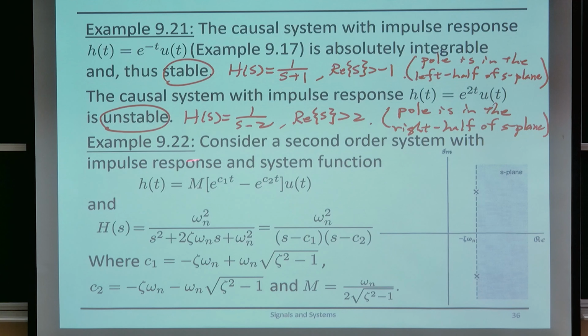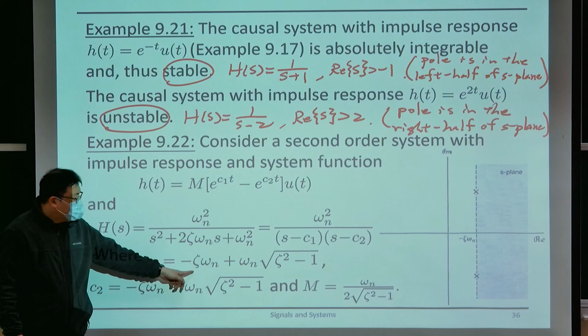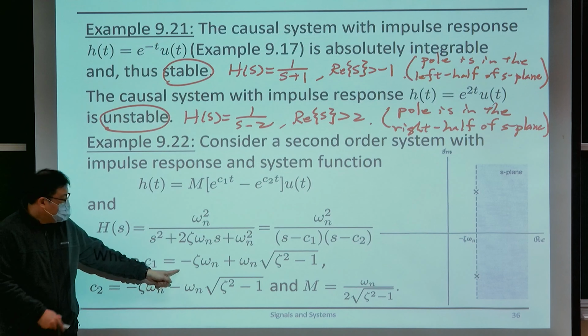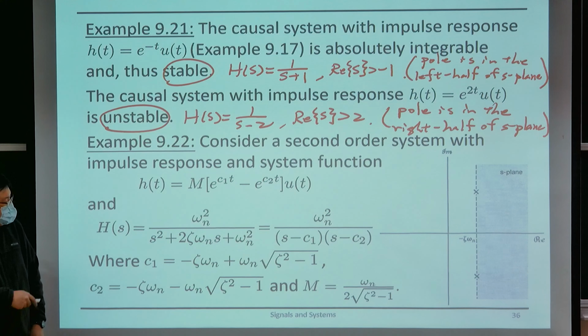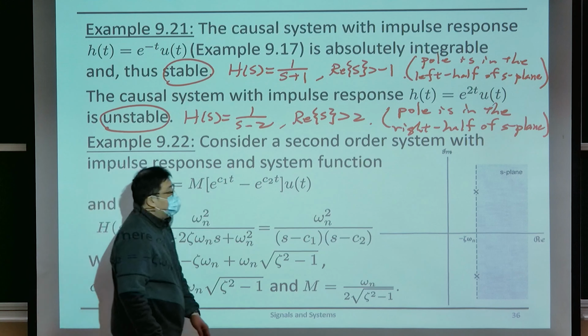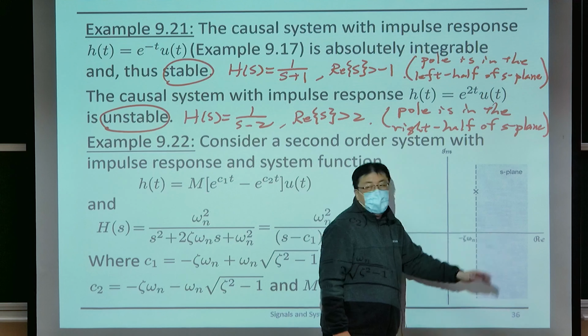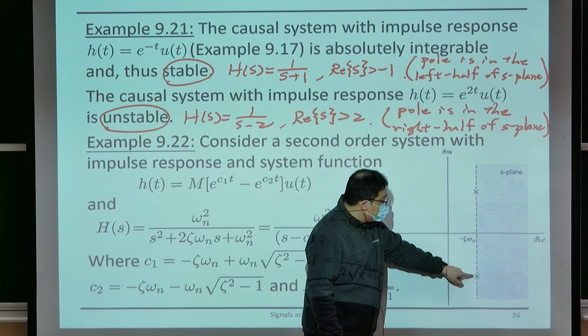All right, so this is another example we've seen earlier, for a second order system. If you work through the derivations, which we did in an earlier chapter, you will see that there are two poles, one at C1 and one at C2, which is given by this. So basically, if you have a zeta that is negative, then you will see that both C1 and C2 will lie on the right half of the s-plane, for example these two points here.